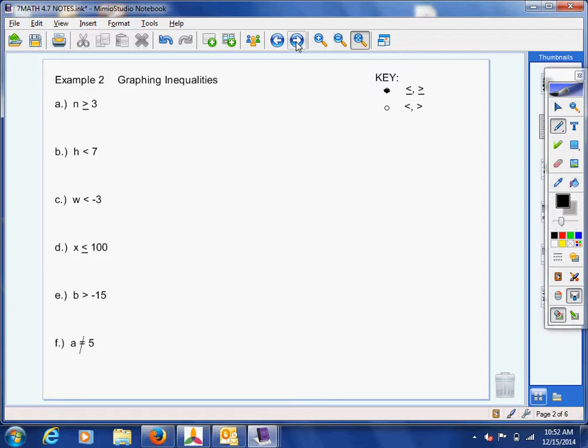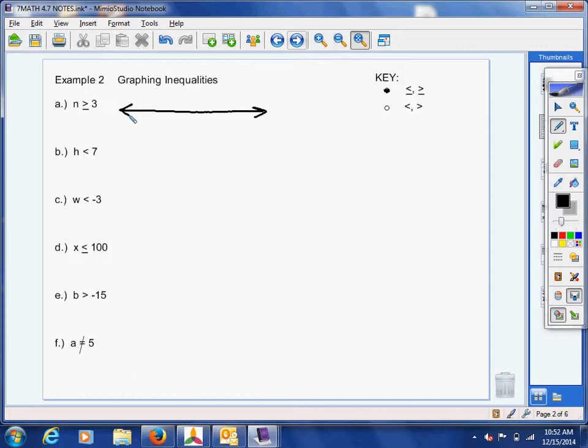Now, this says n is greater than or equal to 3. So all the answers are greater than or equal to positive 3 on the number line, okay? So first thing we're going to do is graph ourselves a number line. Here we go. I like to put a couple of numbers in there.